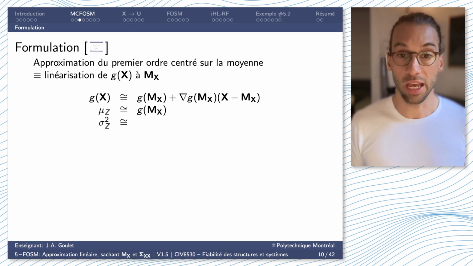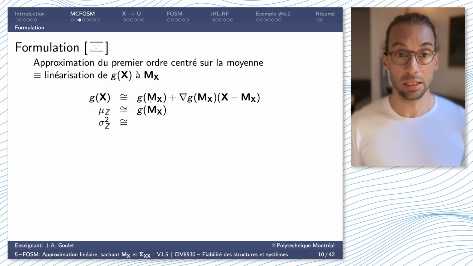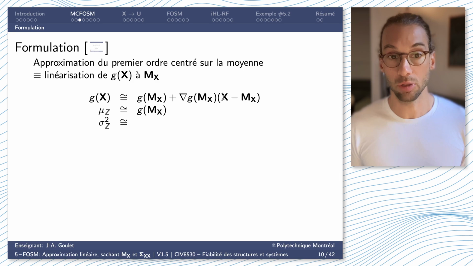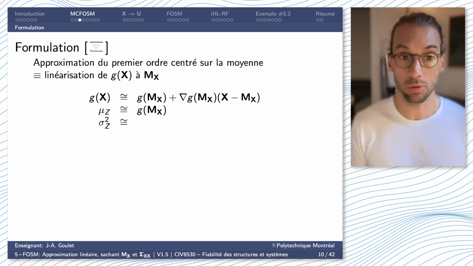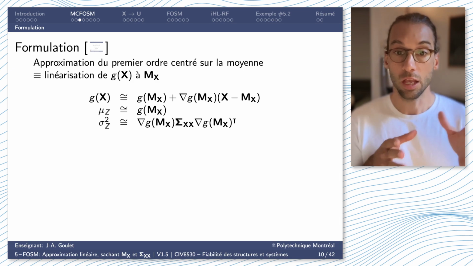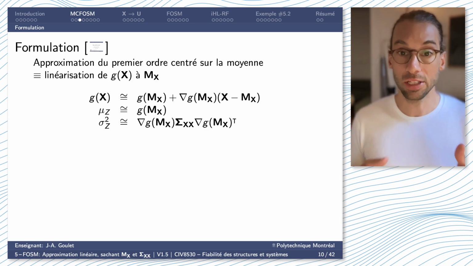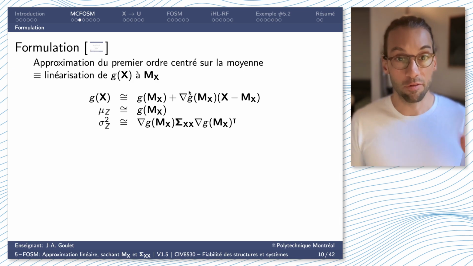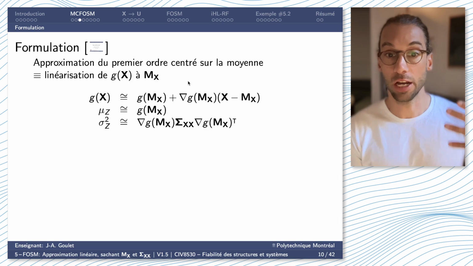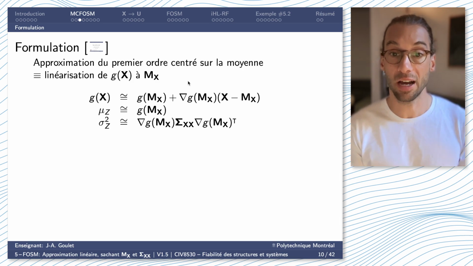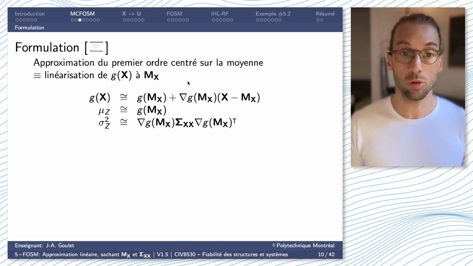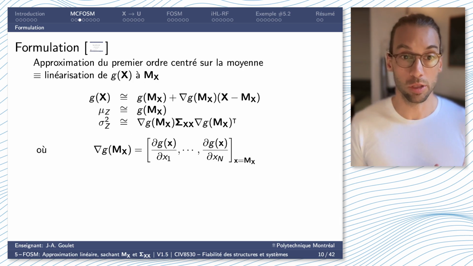The variance of z, the output of my linearized function, is simply the gradient of g of x times the covariance of x times the gradient transpose. This is a simple analytical expression because, instead of my full nonlinear function, I have that first order Taylor series expansion, for which we saw that a linear or affine function of Gaussian random variables gives me closed form moments.